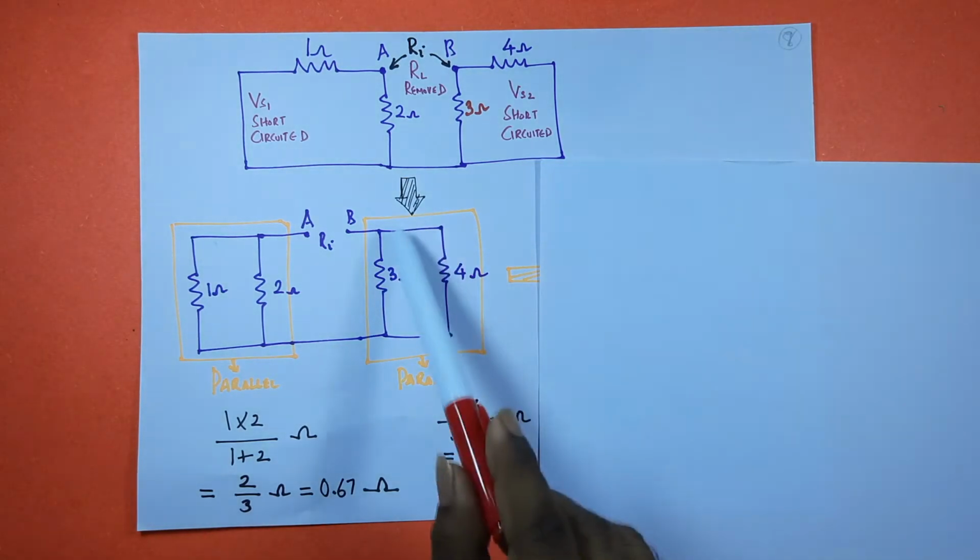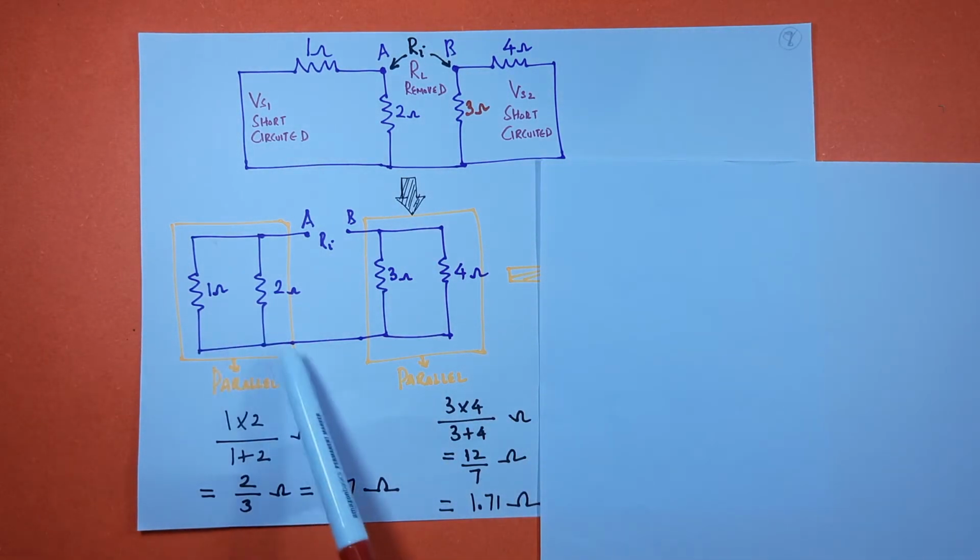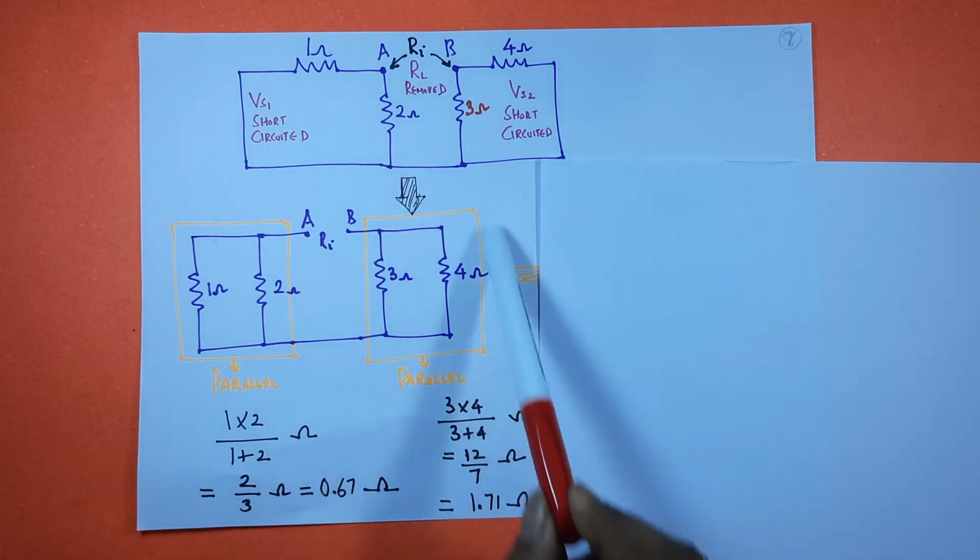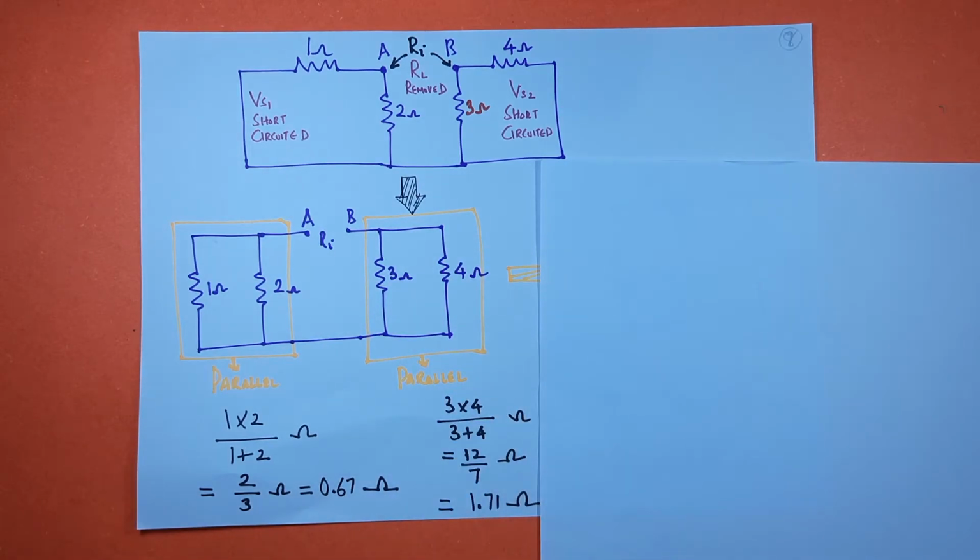Here this 1 ohm and 2 ohm are connected in parallel. 3 ohm and 4 ohm are connected in parallel. So you can use the formula R1 R2 divided by R1 plus R2.